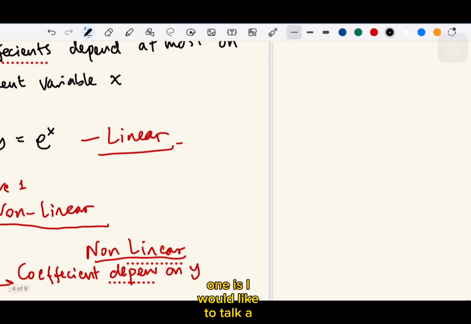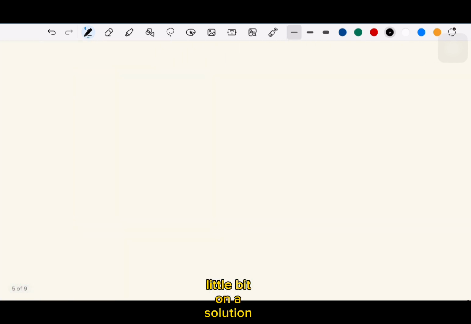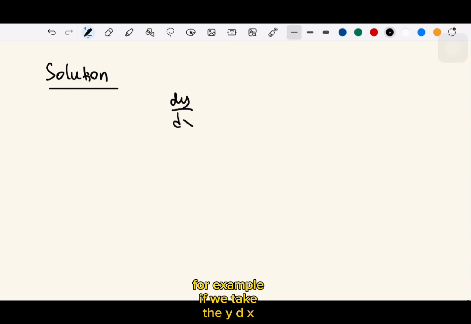Okay, the next one is I would like to talk a little bit on a solution. So before we go to details, for example, if we take dy dx is 0.2 xy, what will be your solutions to offer?